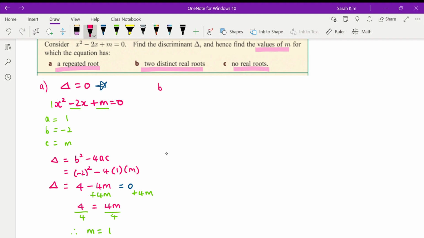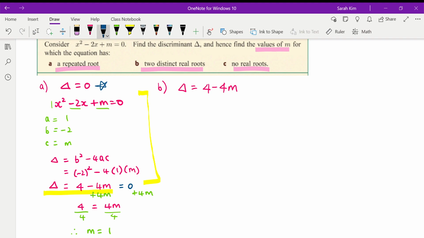Let's try B. Once you do it once, there's no need to redo this whole working out, because it's going to be the same up to this part. This is a fact that I can reuse, because the equation itself doesn't change. If you're not sure what I mean, follow all the steps again and you'll get to the same discriminant we're working with.